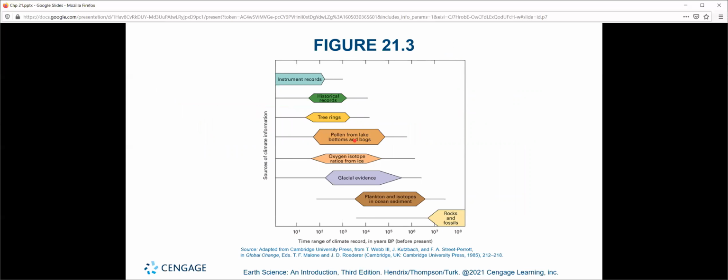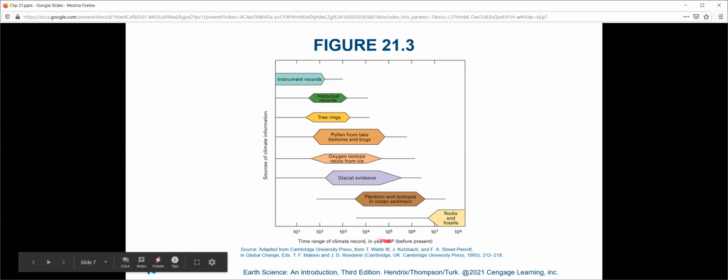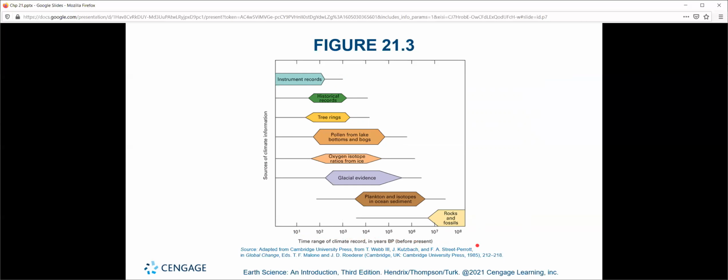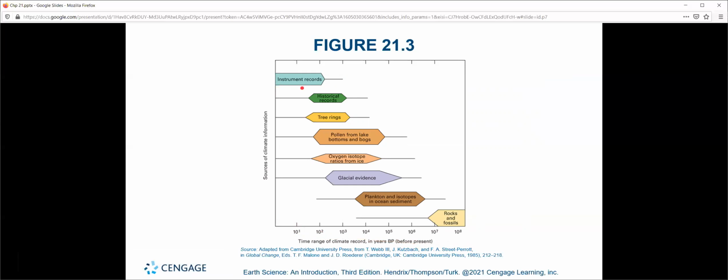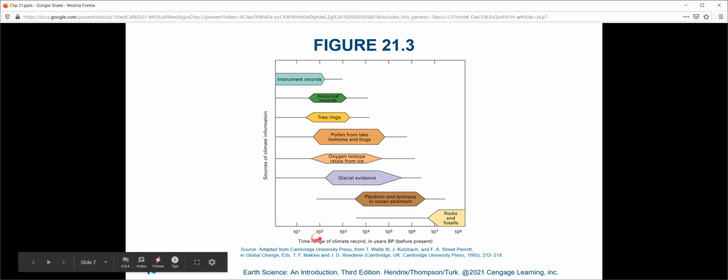This chart here is kind of what I'm talking about. Notice here, the y-axis is not really an axis, but the x-axis here is the time range of that climate source of information. Instrument records, of course, are the most accurate, the best, right? Exactly what the temperature is. And instrument records can be very useful to us, but we didn't start accurately recording temperature until maybe 100-some-odd years ago.